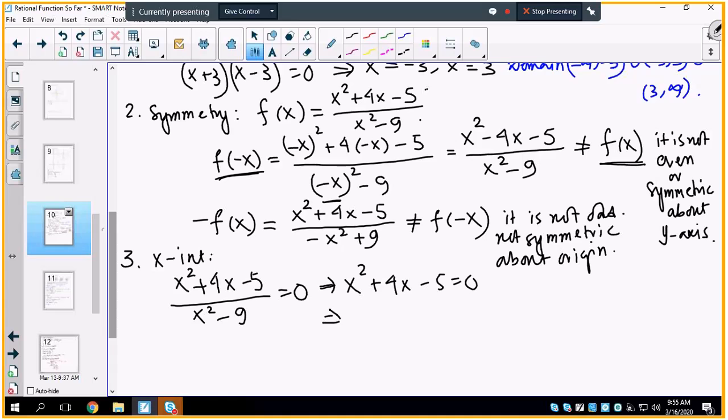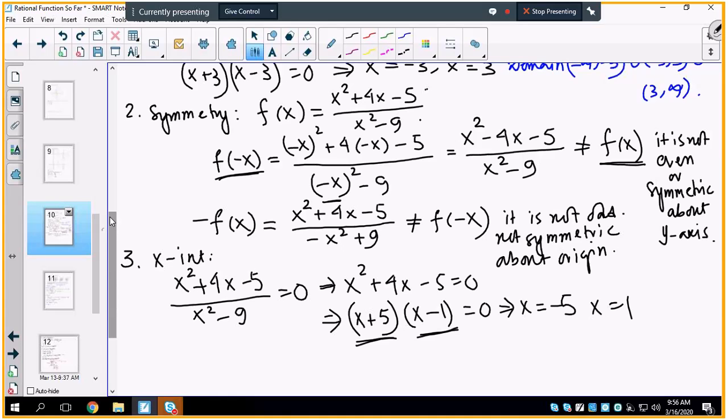Again, my suggestion is always factor when you are doing rational functions. So I'm going to skip the process of factoring and write the factors. x plus 5 times x minus 1 equal to 0. So the two solutions are x equal to negative 5 because of the x plus 5 and x equal to 1 because of x minus 1.